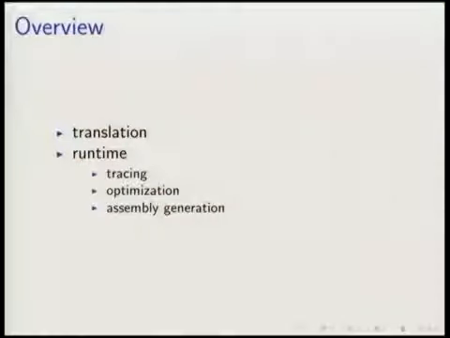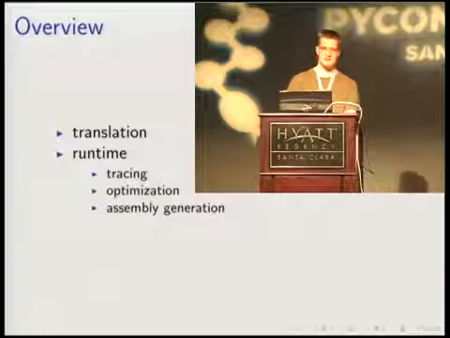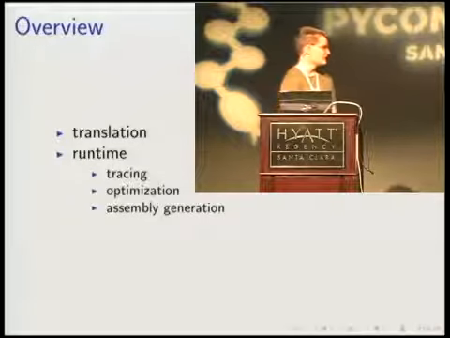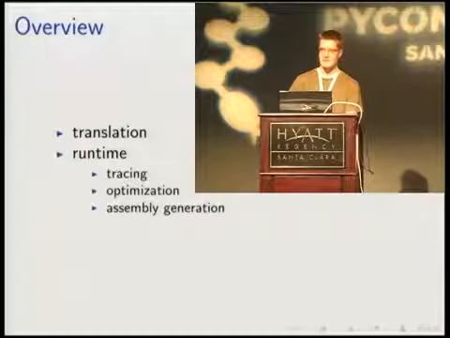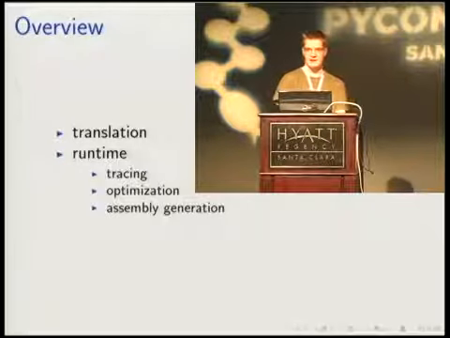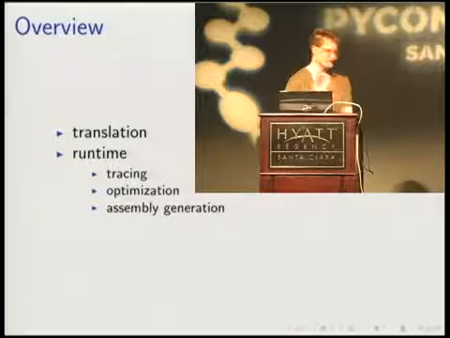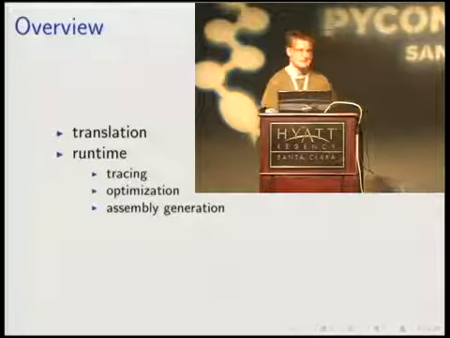The several components of the PyPy JIT which I'm going to talk about are translation, where we generate the JIT from the description of the interpreter, and then how the JIT works at runtime: tracing, how we optimize the result of tracing, and assembly generation.